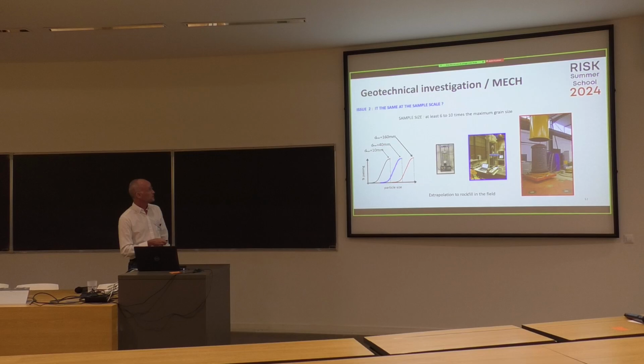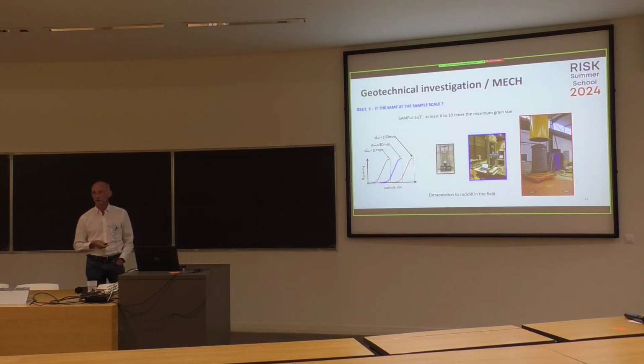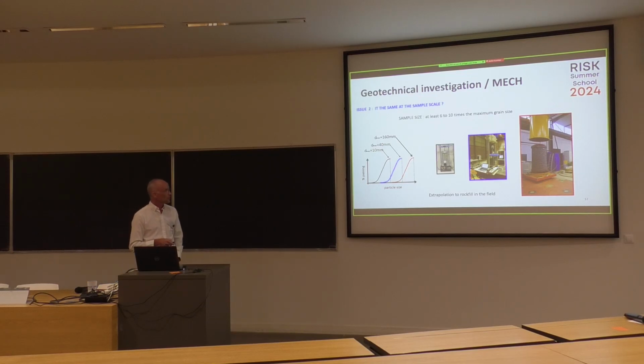The second question is, do we have the same effect at the sample scale? So to do that, we perform some triaxial tests. A triaxial test is a common test in a geotechnical lab. A triaxial test consists of preparing a soil specimen.